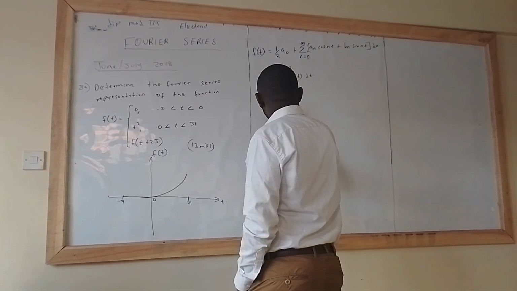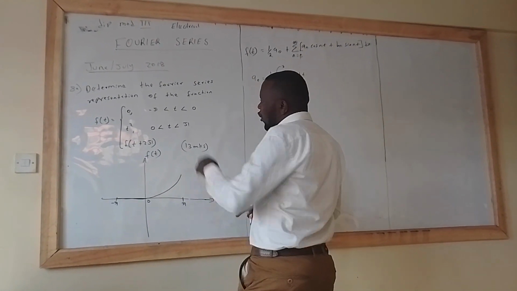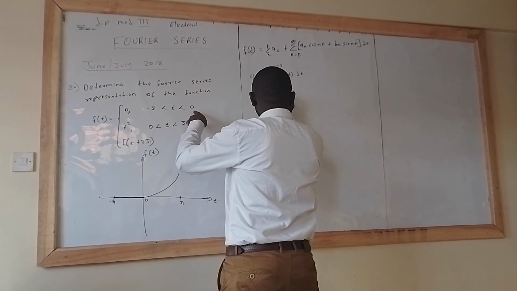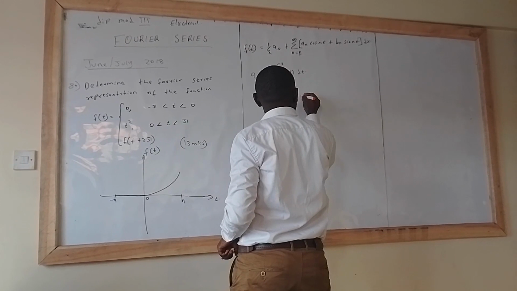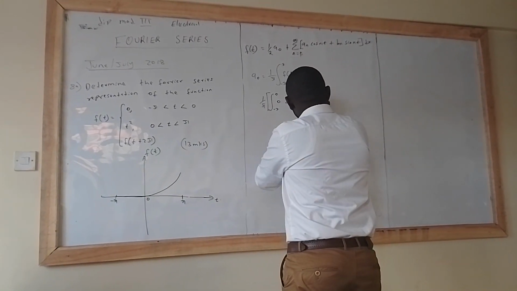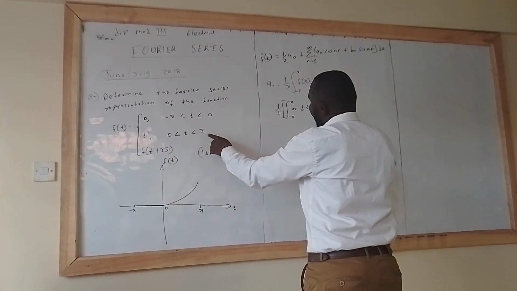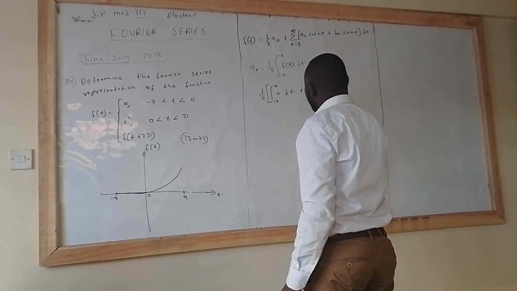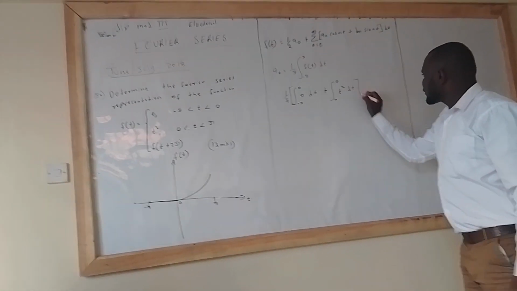I have 1 over pi, open the bracket, the integral from negative pi to 0, the function is 0, dt, plus the integral from 0 to pi, our function is t squared dt. We can close the bracket.